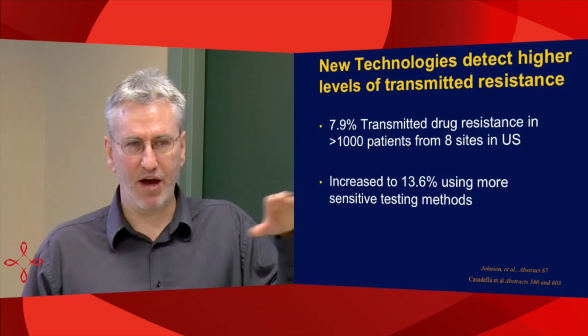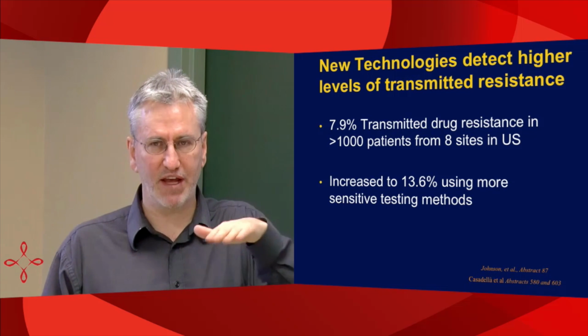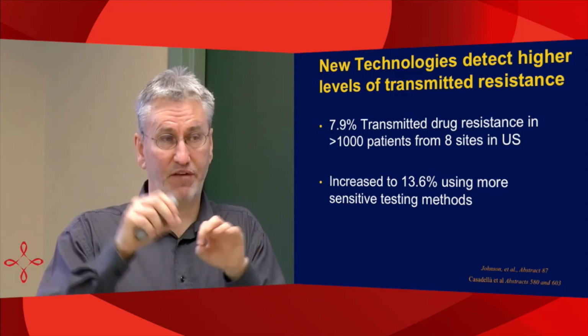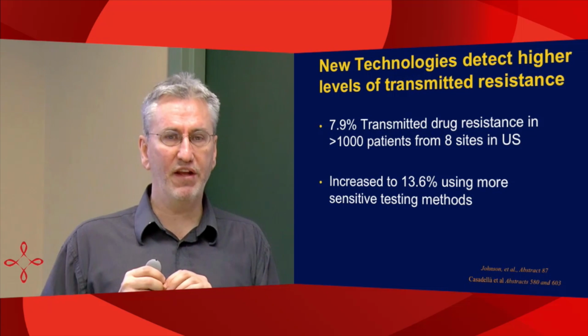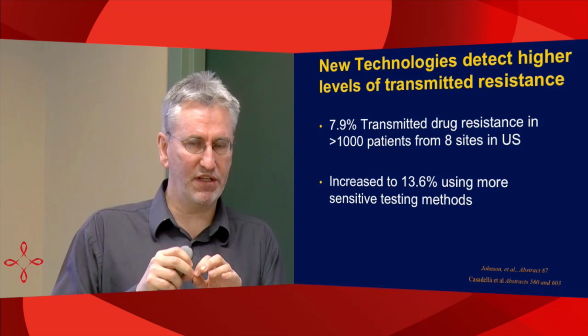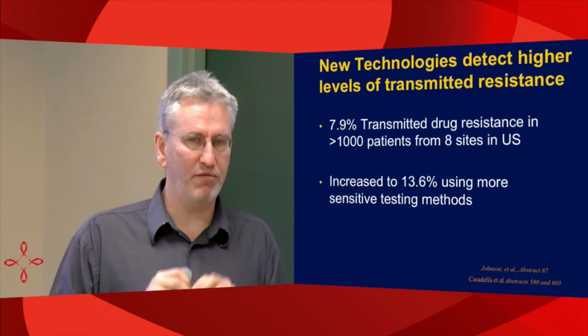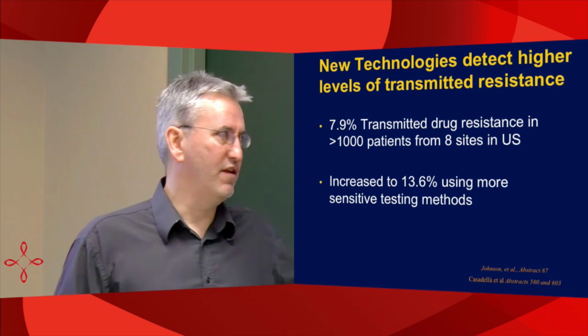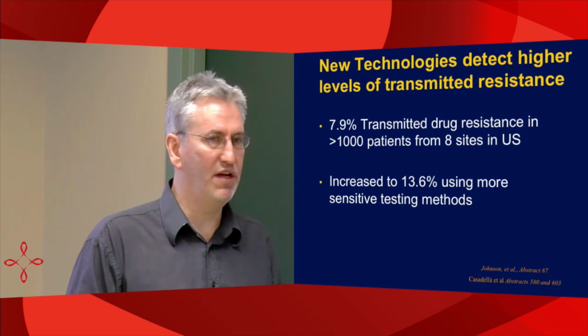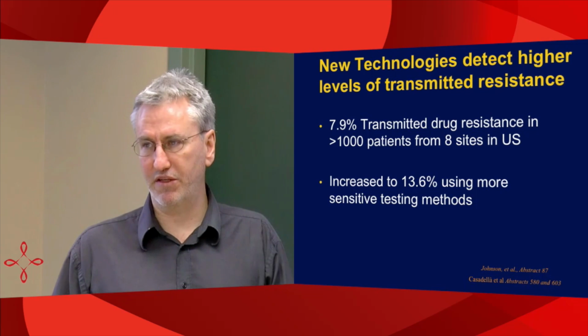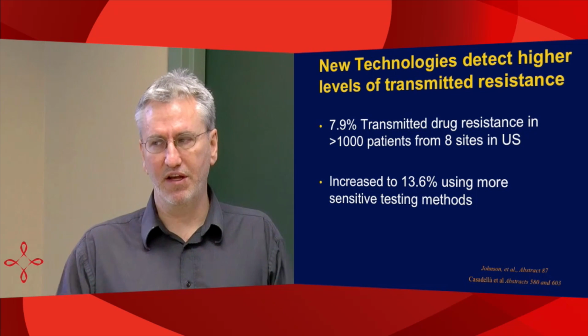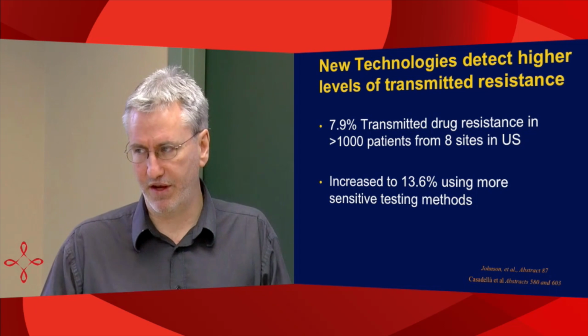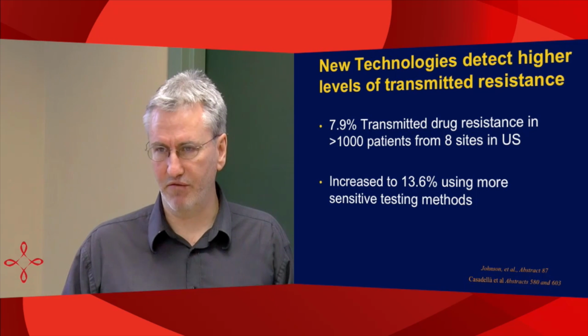So right now, if you've got about 20% of the virus population within an individual that has drug resistance, we may or may not be able to detect that. That's about the cutoff for our current assays. The next generation methods that we're moving to will be able to detect down to about 2% of a virus variant within a patient if you've got a high enough viral load.